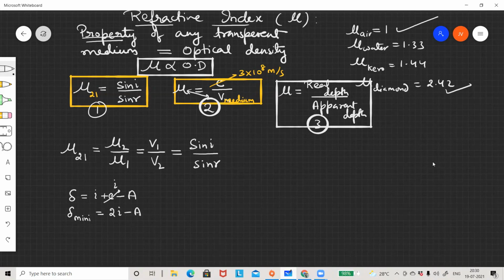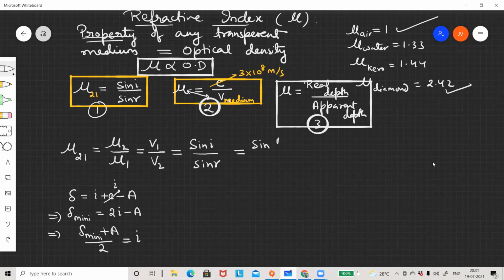As a result, from this formula, we can write delta min, the angle of minimum deviation, plus angle of prism, by 2 is the angle of incidence. So here I'm writing sine of angle of incidence. And what is angle of incidence?